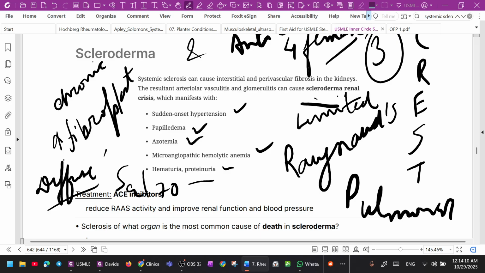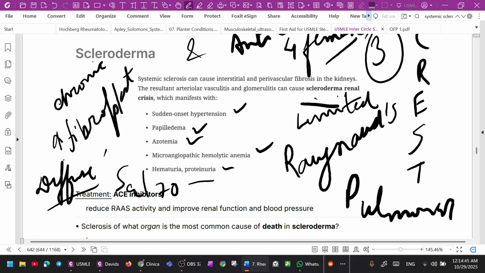So for antibodies, ANA is usually positive with a speckled pattern. Rheumatoid factor is positive in 30%. Anti-centromere antibody is for the limited variety. Anti-Scl-70 antibody is for diffuse cutaneous systemic sclerosis with lung involvement. Anti-RNA polymerase 3 antibody is for diffuse cutaneous systemic sclerosis, with risk of ILD and risk of scleroderma renal crisis. Anti-U1 RNP may be positive.